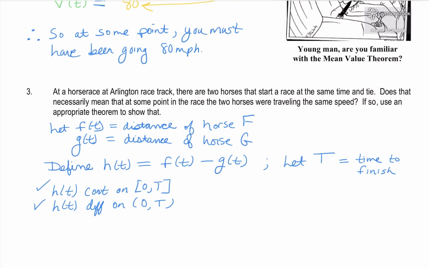Now we have to decide: is this more of a Rolle's theorem situation or the more general mean value theorem? Well, let's think about what we know about h of 0 and h of capital T.